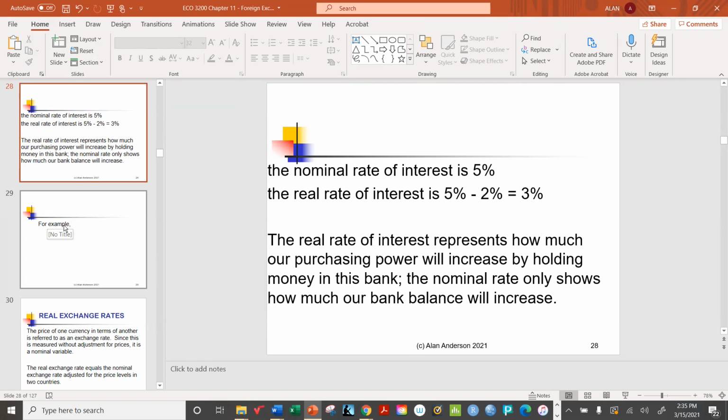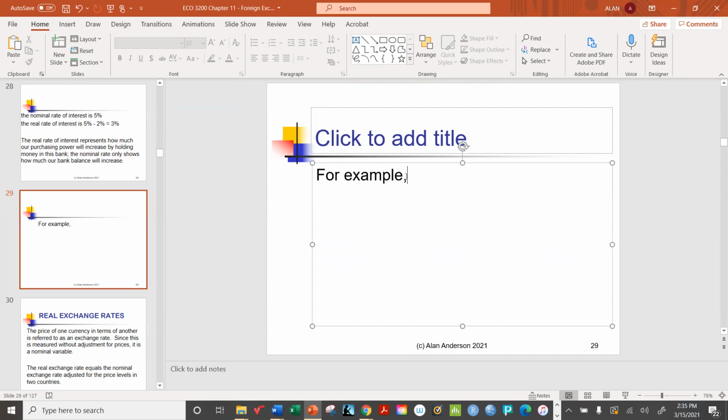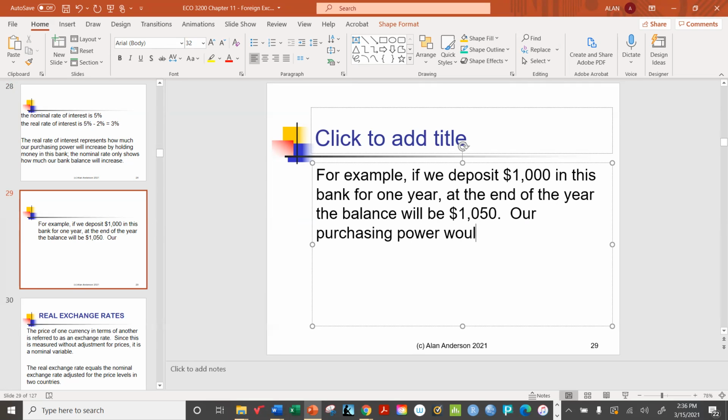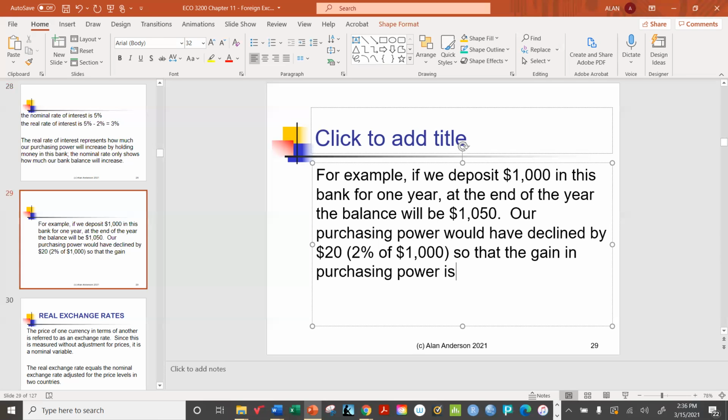So for example, if we deposit $1,000 in this bank account for 1 year, at the end of the year, the balance will be $1,050, but our purchasing power would have declined by $20. In other words, 2% of 1,000, so that the gain in purchasing power is only $30.